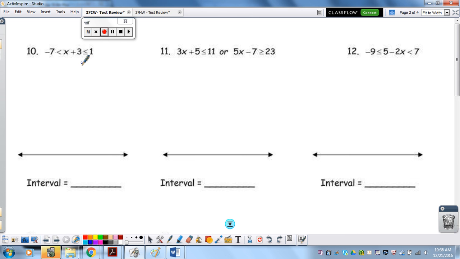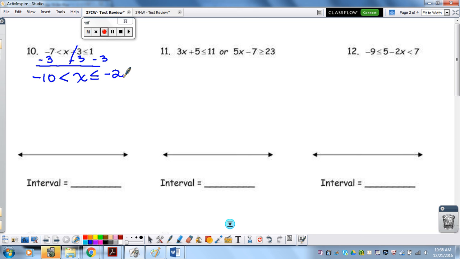What you're going to do is you're going to subtract 3 on both sides. What you do to the middle, you do to the right, and you also got to do it to the outside, the left side. Okay? It's okay. So negative 7 minus 3 is negative 10 is less than x, which is less than or equal to negative 2.